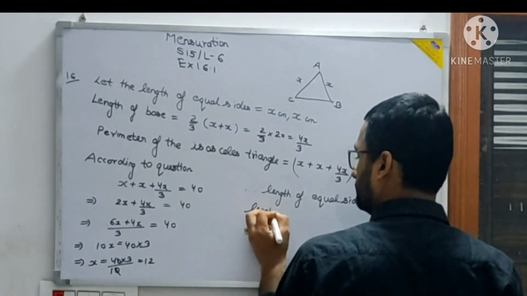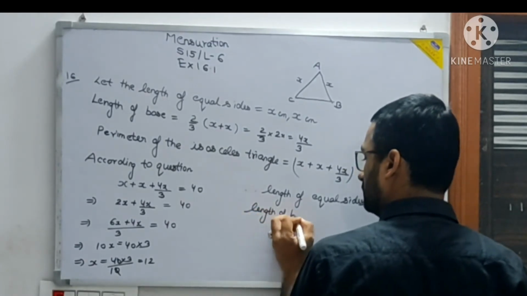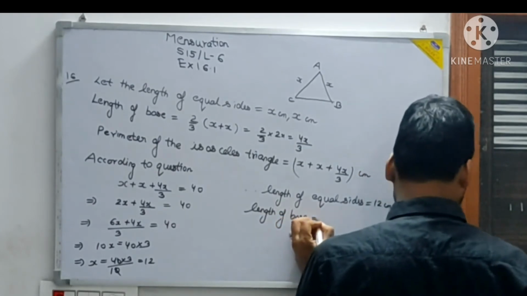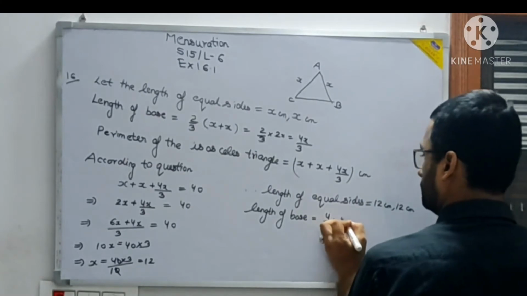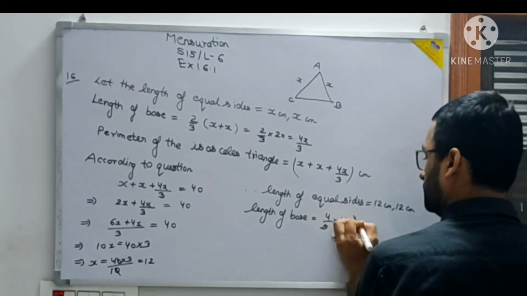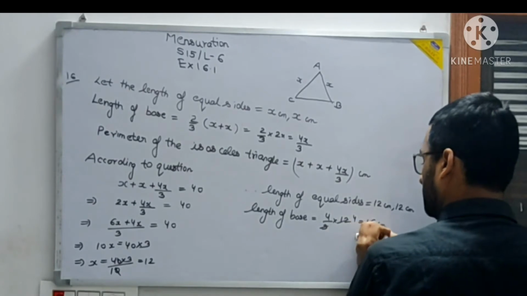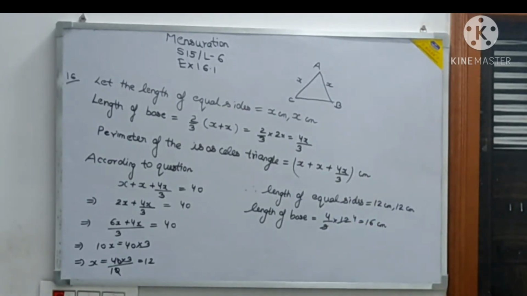Length of base will be equal to 4 by 3 into 12, that means 16 centimeter. Let us check the answer also, whether the same answer is coming. Yes, base is 16 centimeter in question number 16 and the other equal sides are 12 centimeter each. Okay.